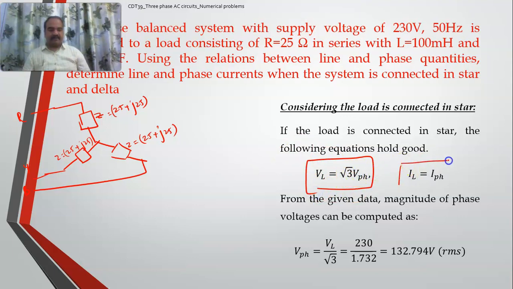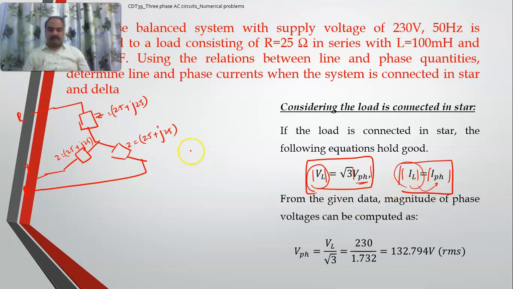These are in terms of magnitudes only. And from the angle point of view, the phase angle of line voltage is 30 degrees ahead of phase voltage. Here, the phase angle of IL is equal to the phase angle of I phase.